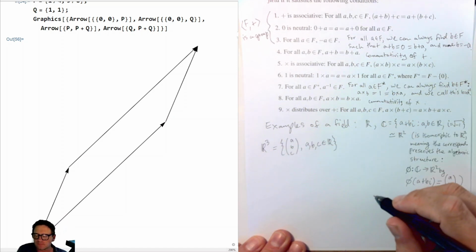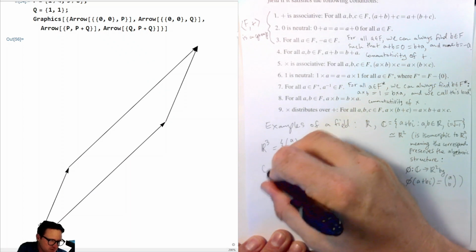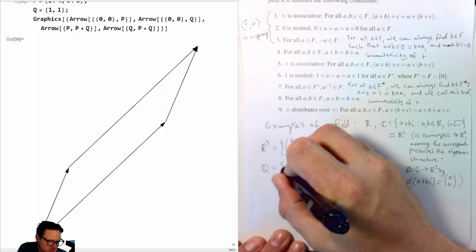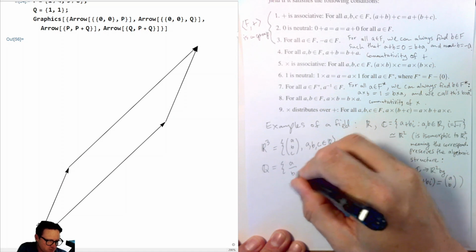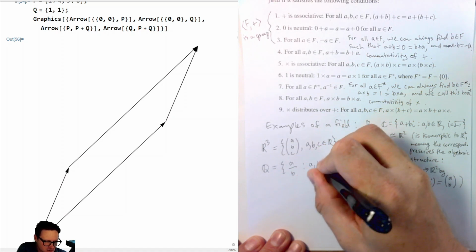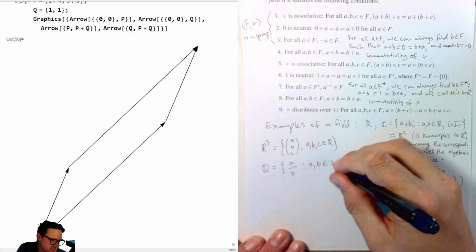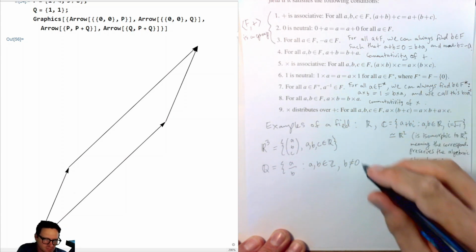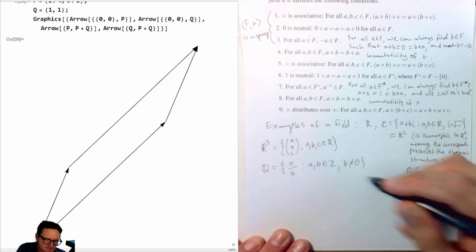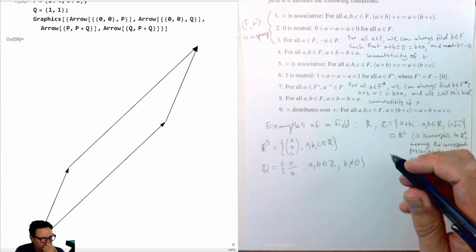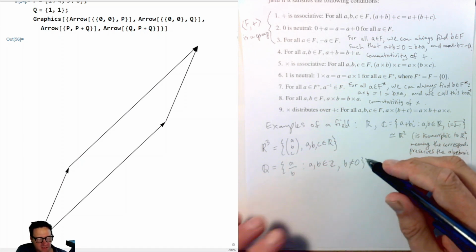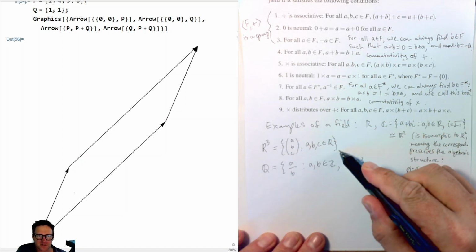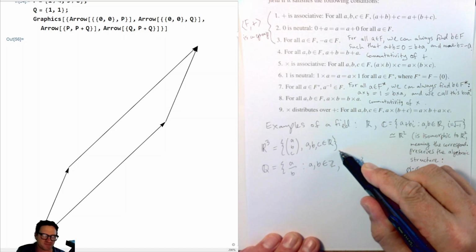Or, okay, another example of a field, set of rational numbers, fractions a over b, such that a and b are integers and b is non-zero. So you might be able to give R3 a field structure, but it's not a field as is because you need a multiplicative structure on these vectors.